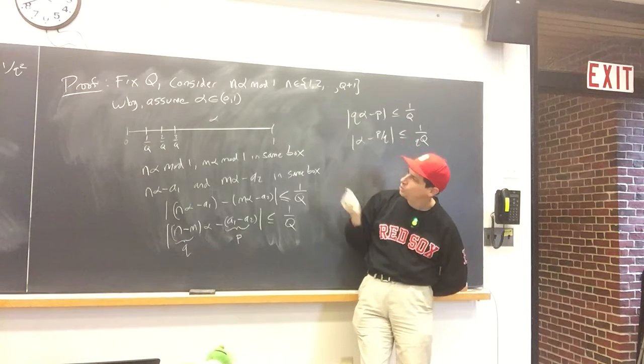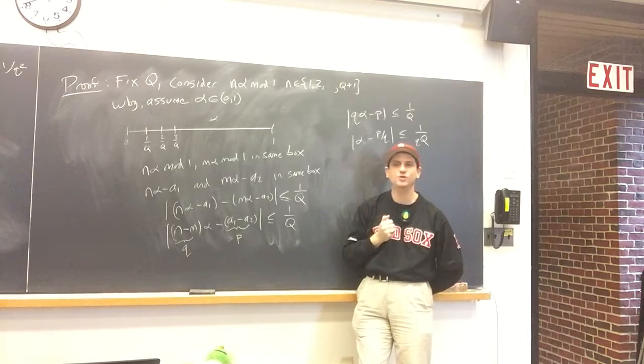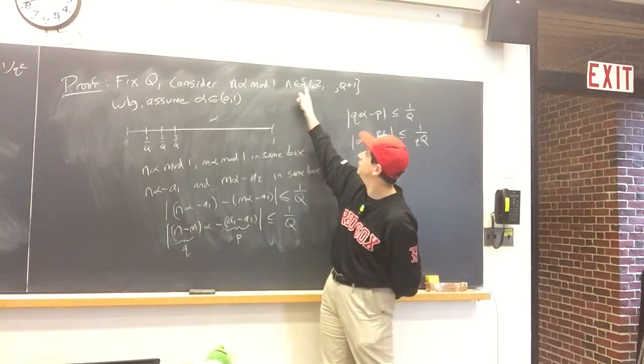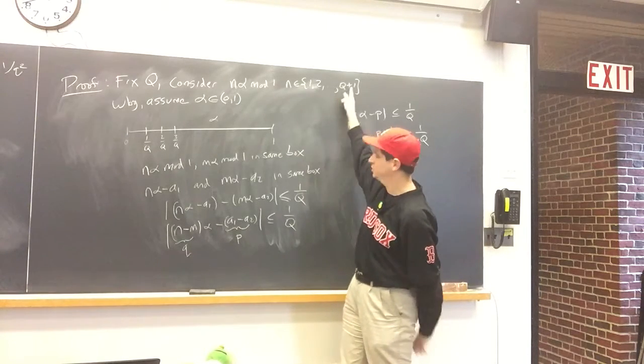Close. We wanted to get 1 over little q squared. We have 1 over little q big Q. What can you say about little q and big Q? What do we know about little q? It's at most big Q, because we have n ranging from 1 to Q plus 1.